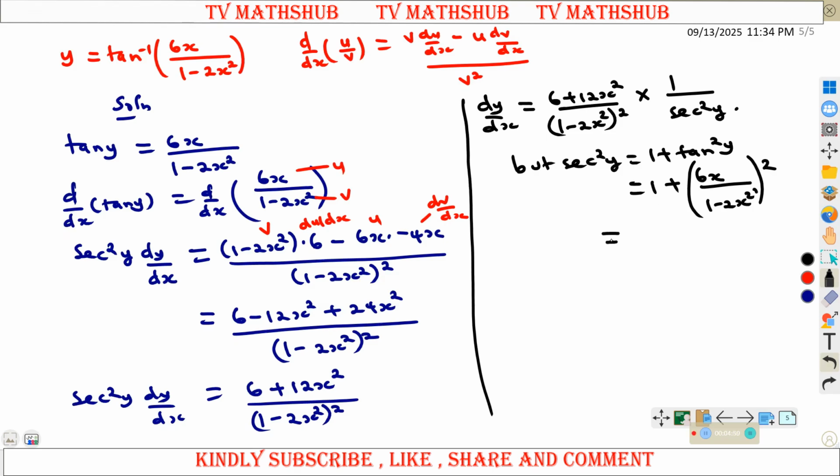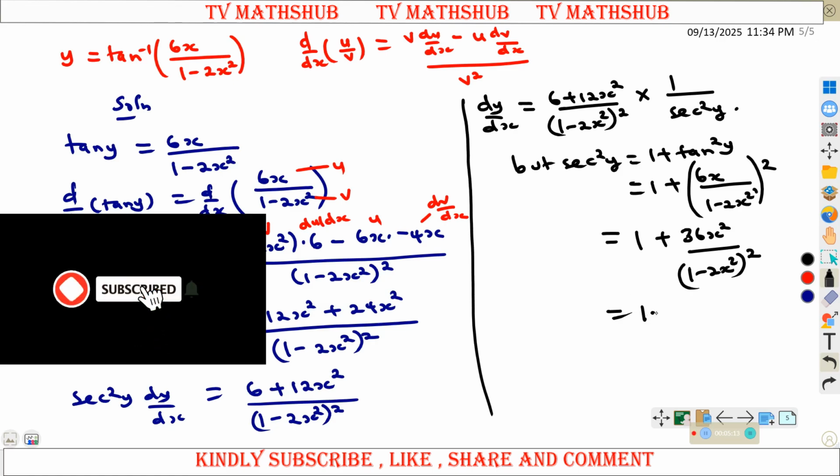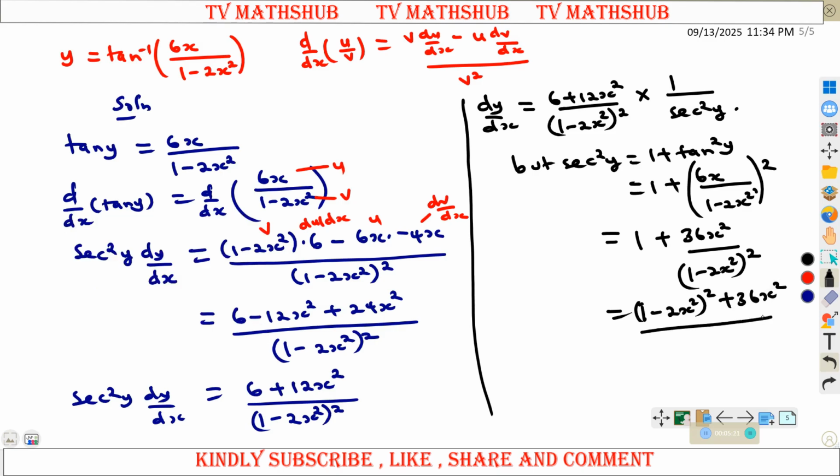So you will have 1 plus 36x squared over 1 minus 2x squared, the whole of this squared. Try to simplify this by getting the LCM. So you have 1 minus 2x squared, the whole of this squared, plus 36x squared, and the whole of this is divided by 1 minus 2x squared, the whole of this squared. So this is your sec squared of y.